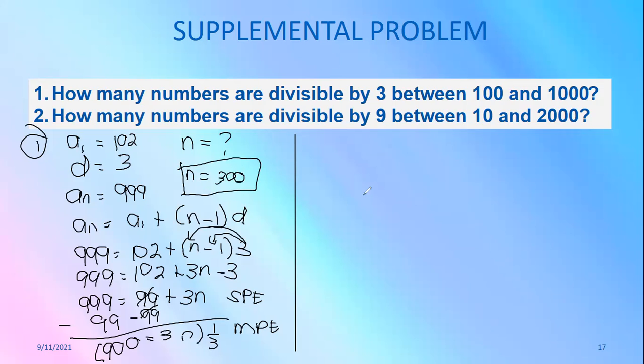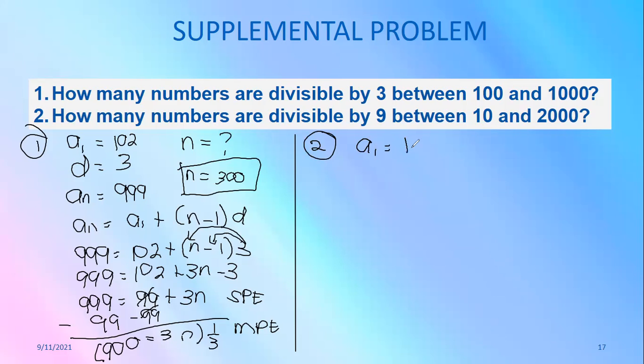Okay. So how about dito? Sabi, how many numbers are divisible by 9 between 10 and 2,000? Okay, determine the first term. Of course, divisible by 9 between 10.